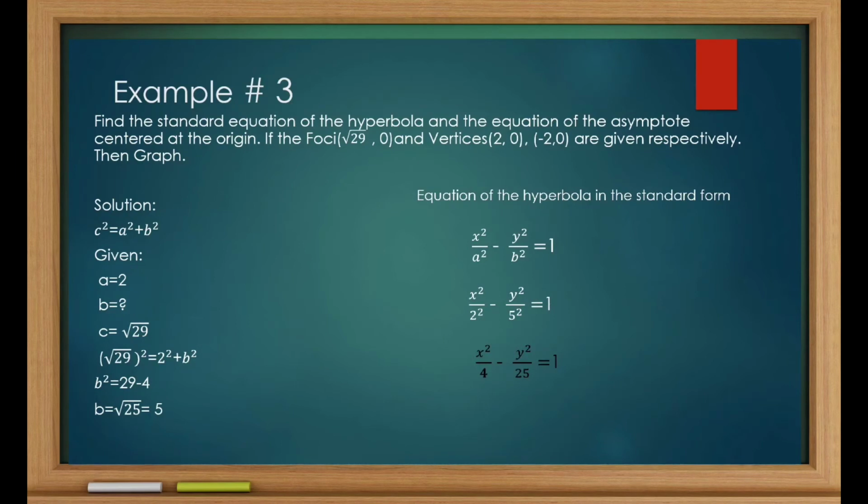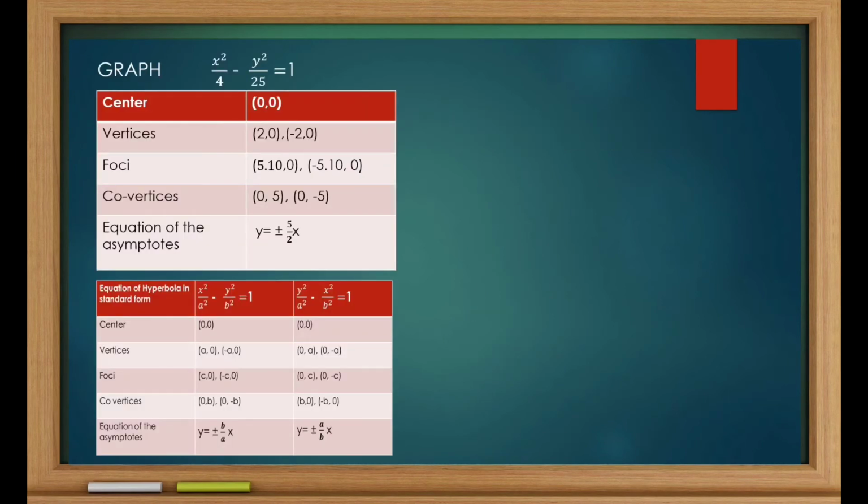Then, we will find the center, vertices, foci, and co-vertices as well as the equation of the asymptotes so that we could graph this equation. So, we have here the equation x squared over 4 minus y squared over 25 equals 1. This is the center, the vertices, foci, co-vertices, and this is the equation of the asymptotes.